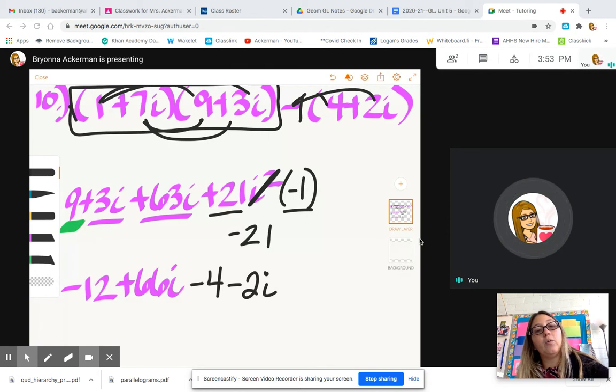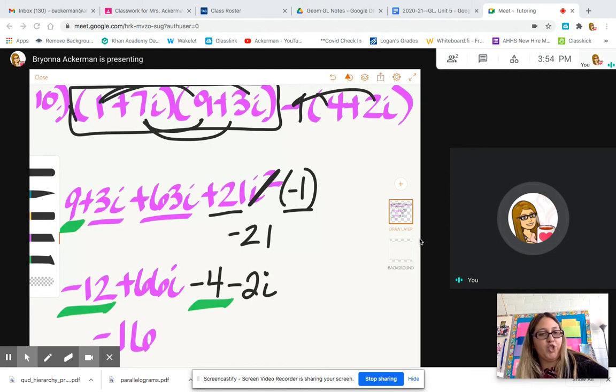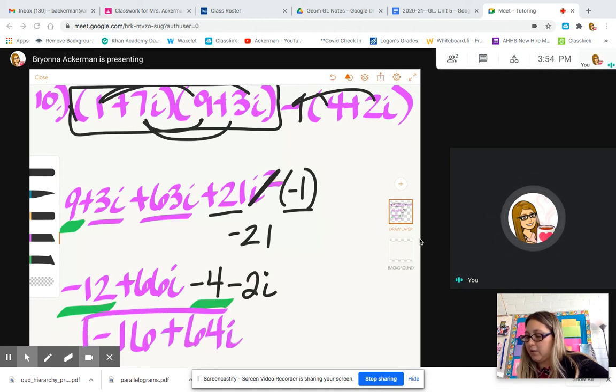I can now combine those with what I have below. So I'm going to have a negative 12 and minus 4 more gives me a negative 16. And then I have 66i minus 2i. That's going to still be a positive. It's going to be a 64i. And so this is my final answer to number 10.